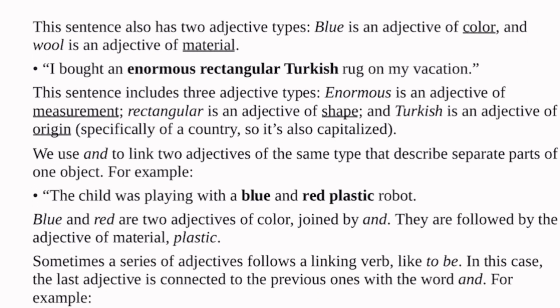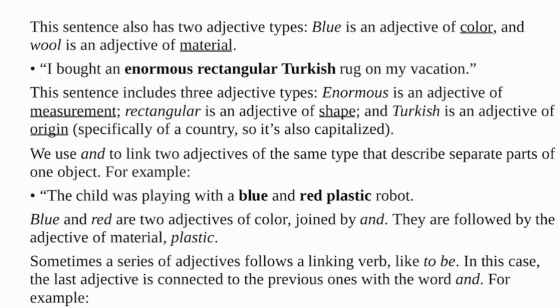We use and to link two adjectives of the same type that describe separate parts of an object. For instance, the child was playing with a blue and red plastic robot. That is, blue and red are two different adjectives joined together by and. That is, the child has a blue plastic robot.